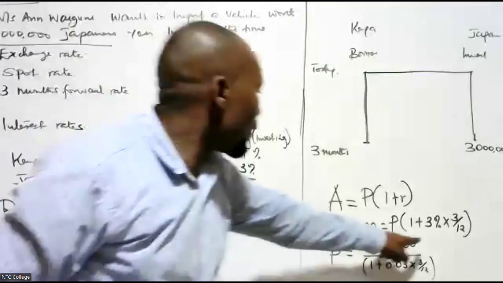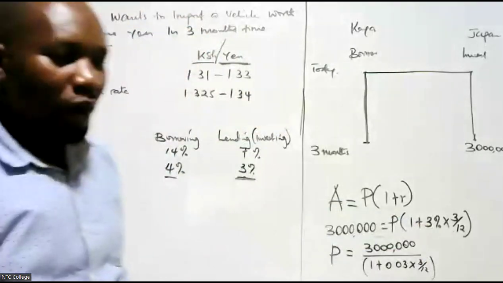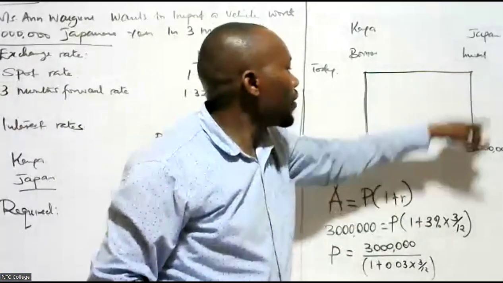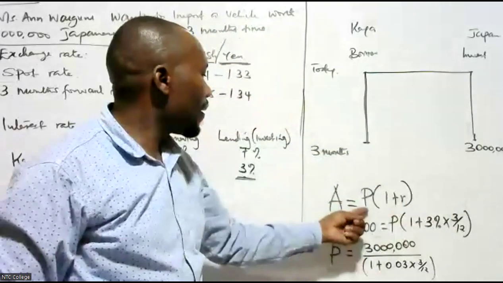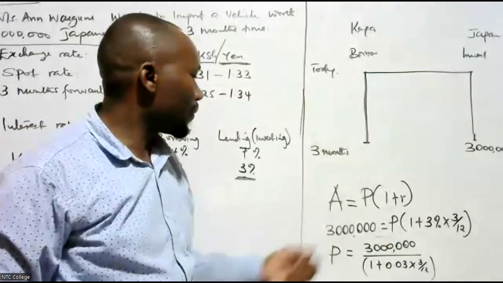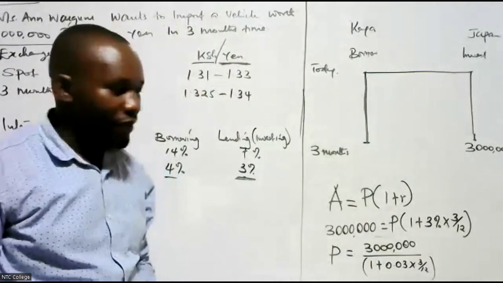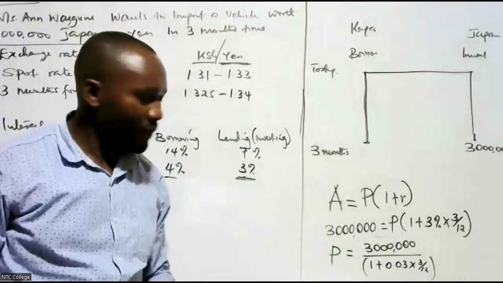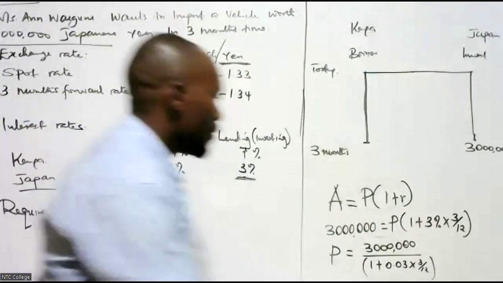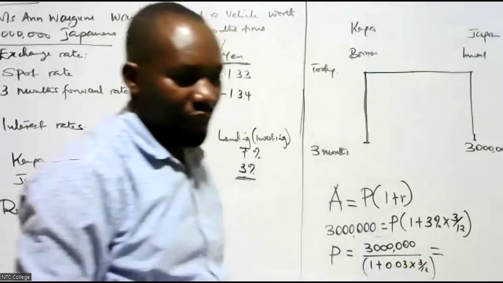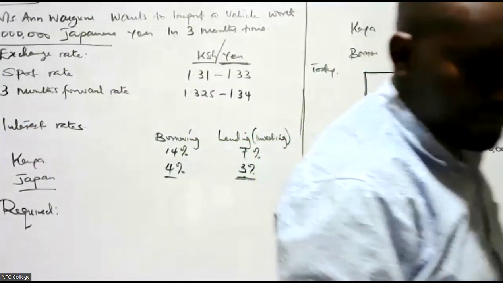In 0.03. How much do you need to invest here to give you 3 million? How much is it, the principal amount that is going to give you 3 million? So calculate for me this, what are you getting? Or if possible, just get me the figure, P. P, how much is it?